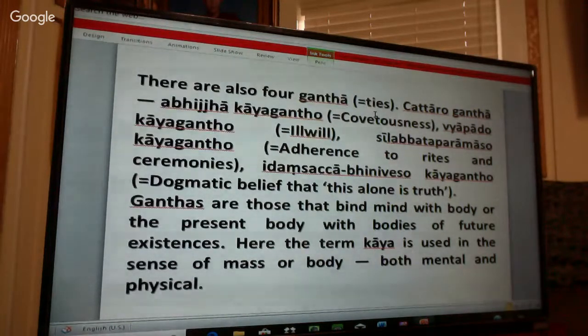And then Idam Saccabhinivesa Kaya Ganto. This is a dogmatic belief that this alone is true. My view is the truth; the others are wrong. Think like this.